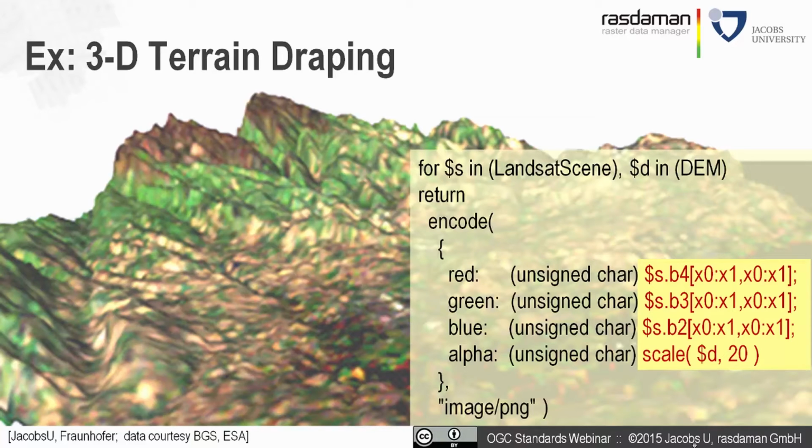For the elevation data, actually we first need to do a scaling so that it matches with the resolution, but then we can squeeze it into the alpha channel and out comes our PNG, which is shipped to the client. So that has been implemented, and that allows actually to nicely build clients that are visually interactive and that hide the query language. So the JavaScript client would generate such a query internally and ship it to the server, and the human user would never see that query.